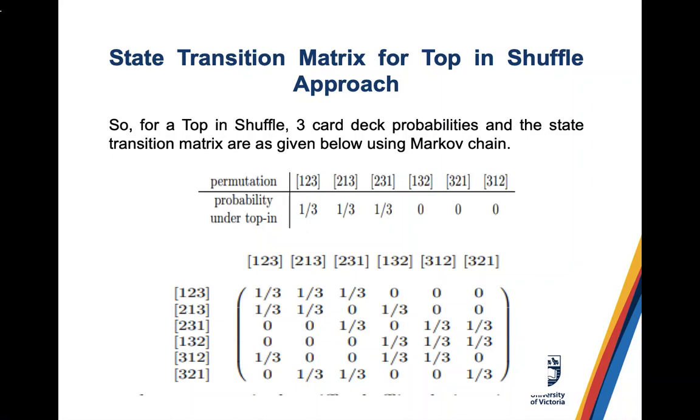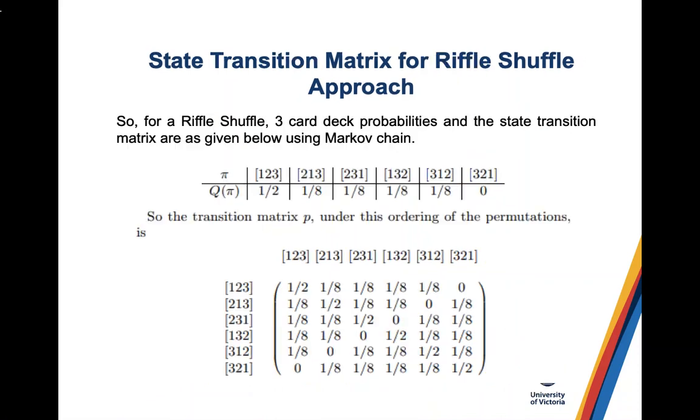We use the state transition matrix from Markov chain analysis for the top-in shuffle, where the 3-card deck probabilities and the state transition matrix are as given below. We can see from the picture that using Markov chain analysis, we were able to see the current state and the next state in the transition matrix that we were not able to see using just the top-in shuffle approach.